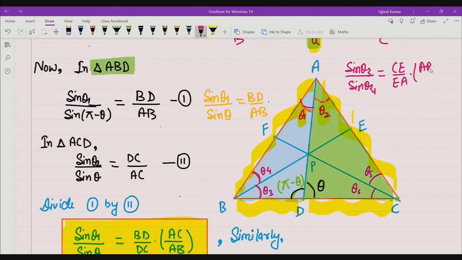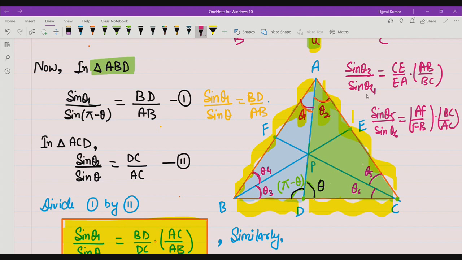So we have the ratio AB upon BC. And similarly for sin theta 5 and theta 6, again, can you do it before me? For theta 5 we have AF, and for theta 6 FB. So we have AF upon FB, and the alternate sides BC and AC, so BC upon AC.